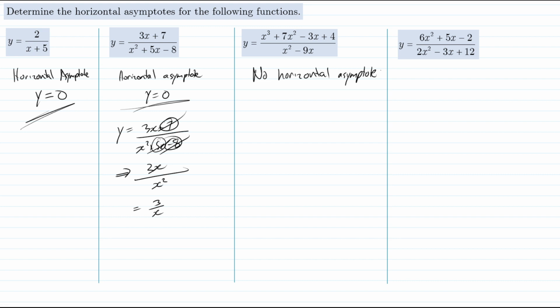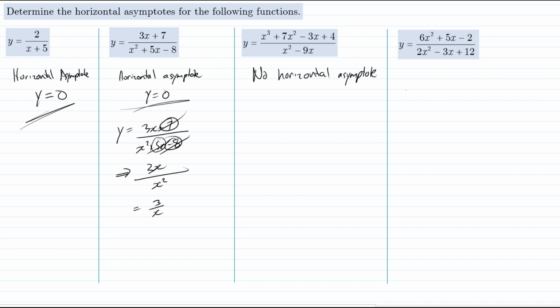Let's look at one more example here. What if the degree of the numerator and the denominator is the same, as it is here? Okay. Well, we actually can use kind of the same type of reasoning. Let's imagine what happens as x gets really, really big.